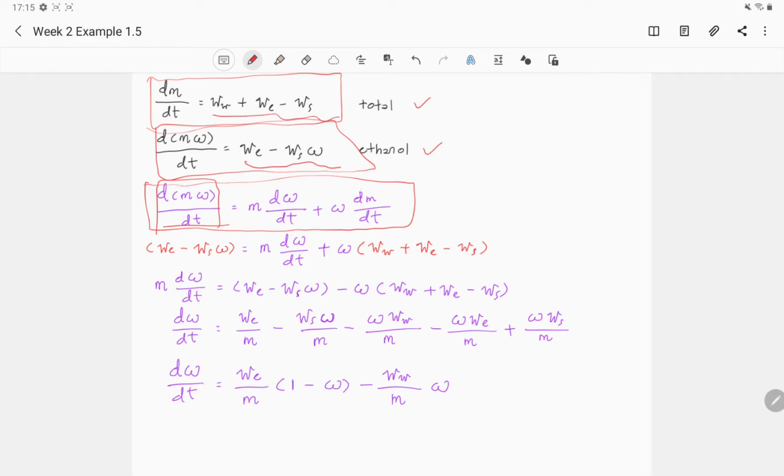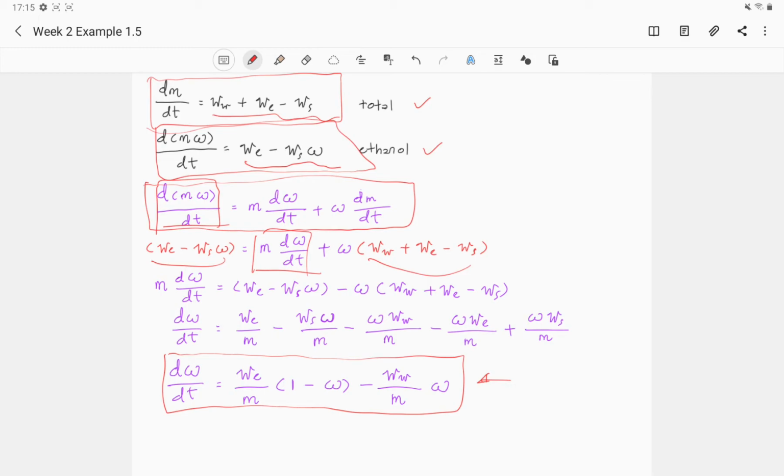Then m can be expressed in terms of this minus this, and we will get the change in terms of the mass fractions of ethanol with this final expression, which is the same as what we give in the slides. I just put it in here to make it more clear for everybody.